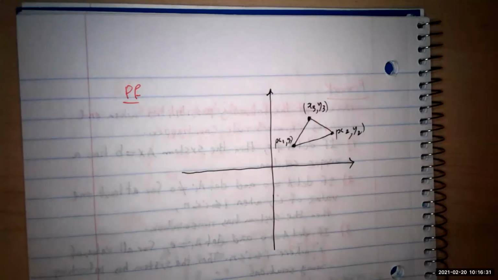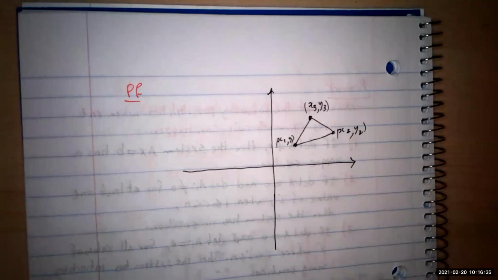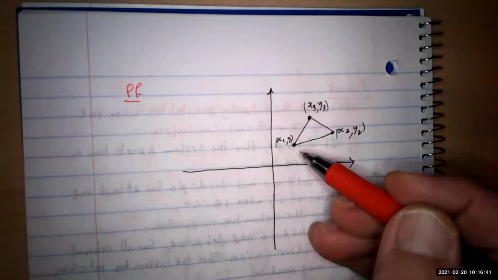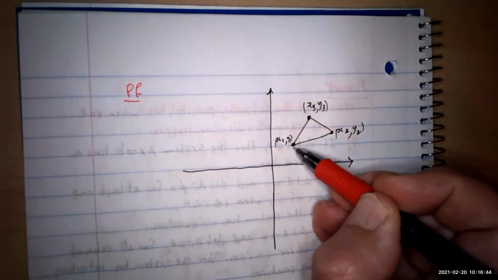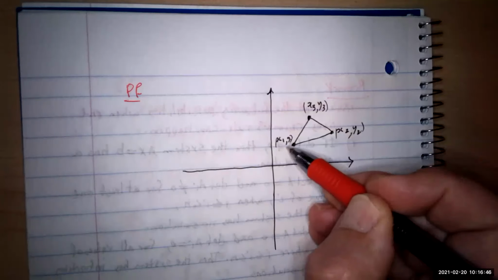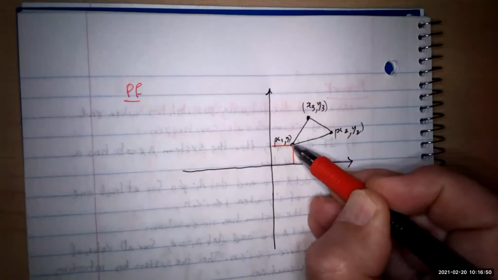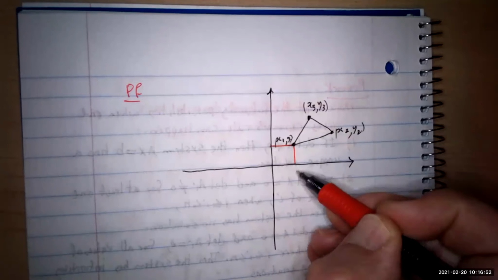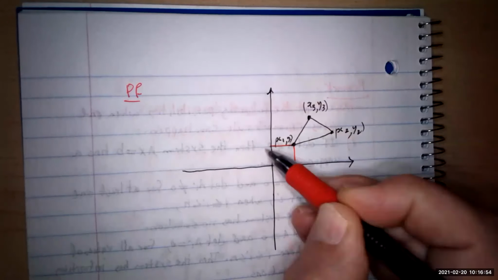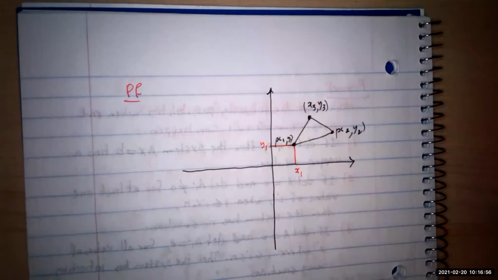Okay, and we want to find the area of this triangle. What we are going to do is divide it into different parts. You see, this point is going to be x1 and y1, so this is going to be x1 and this is going to be y1.